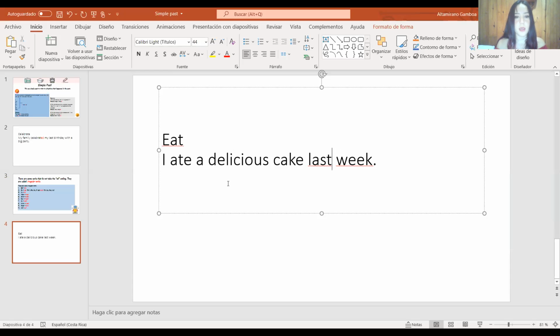So here we have the past form of the verb eat. So the past form is ate. So I ate a delicious cake last week. And this is a sentence in the past.